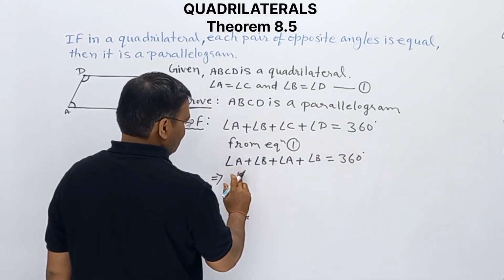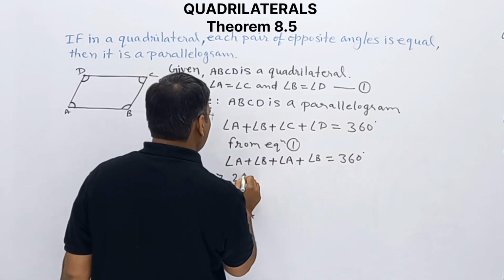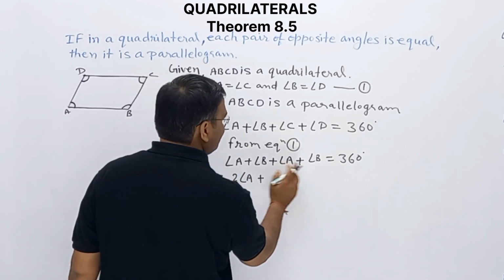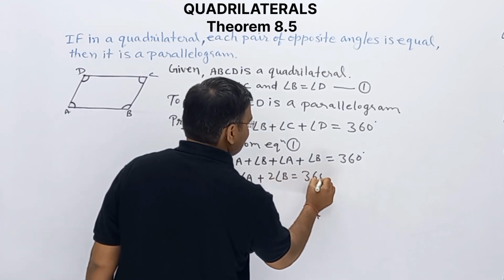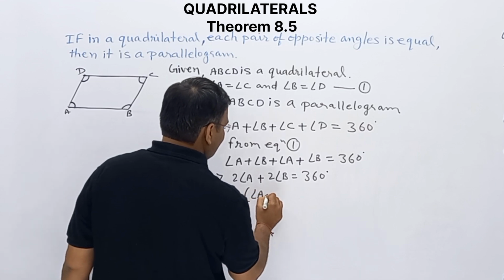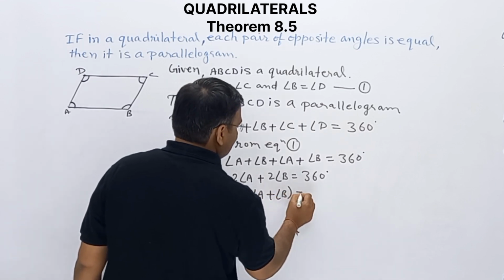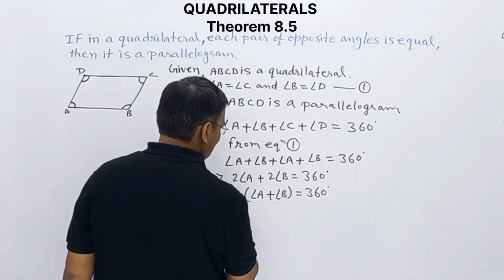Now what will be the next step? Angle A plus angle A will be 2 angle A, plus angle B plus angle B will be 2 angle B, equal to 360. Now take 2 as common. Angle A plus angle B equal to 360 degrees, and now this 2 will be divided.